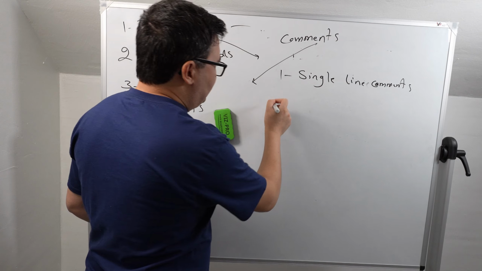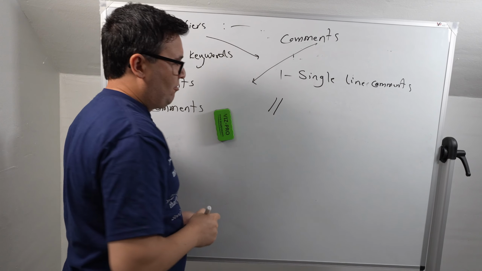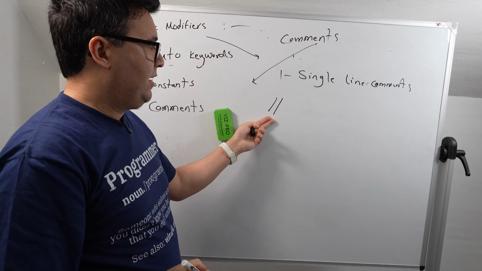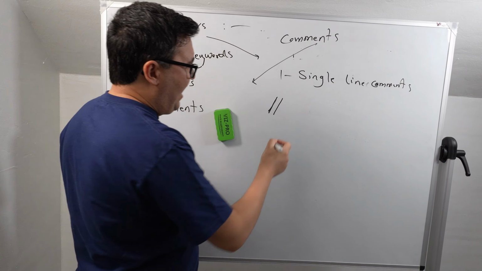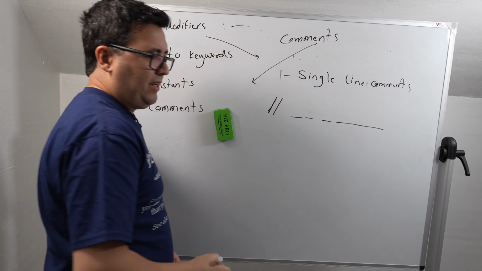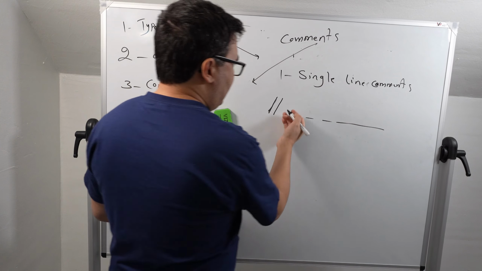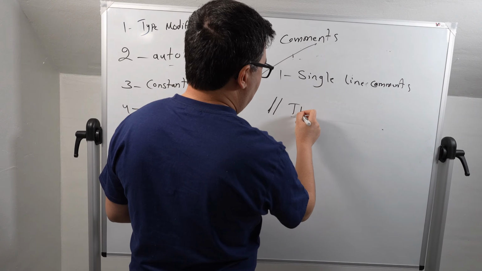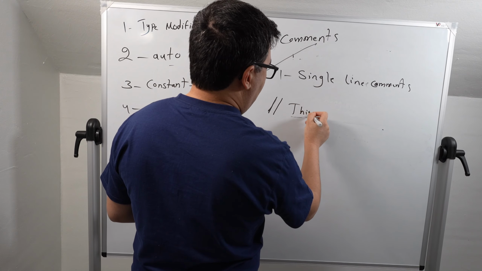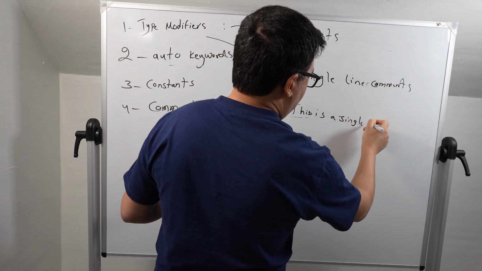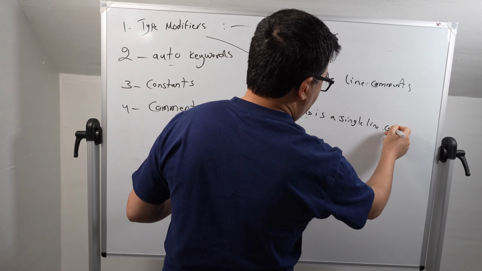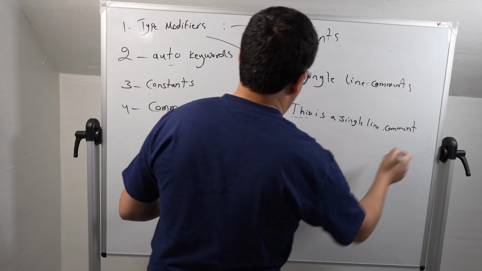It starts with a double forward slash. If our compiler sees a double forward slash, after that there will be a comment until the end of the line. Like I can write here: this is a single line comment.